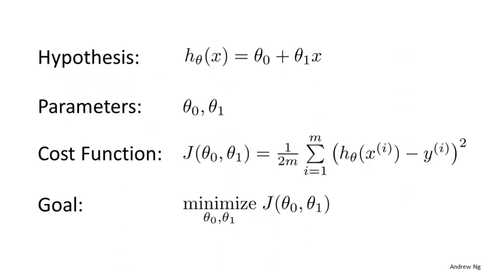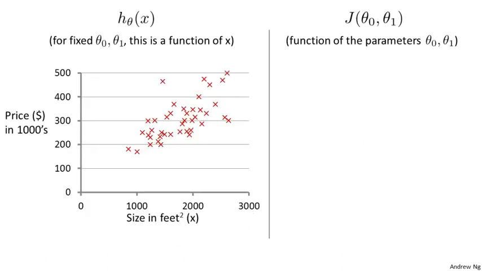Here's our problem formulation as usual with the hypothesis, parameters, cost function, and our optimization objective. Unlike the last video, I'm going to keep both of my parameters theta 0 and theta 1 as we generate our visualizations for the cost function.